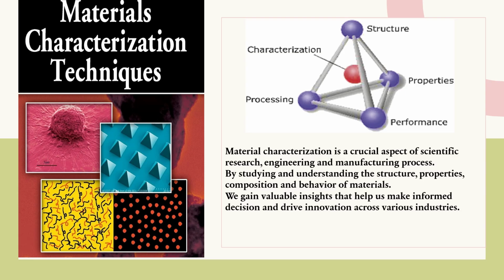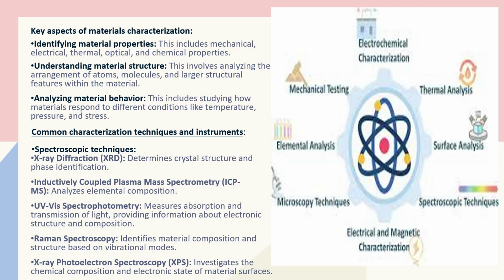There are a number of aspects of material characterization. That is, identifying material properties. This includes mechanical, electrical, thermal, optical, and chemical properties. Understanding material structure.